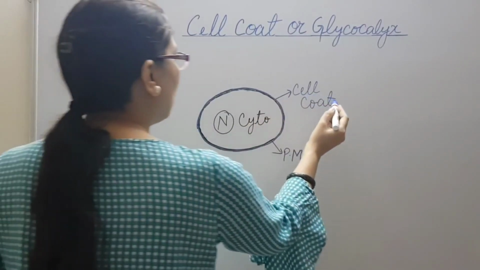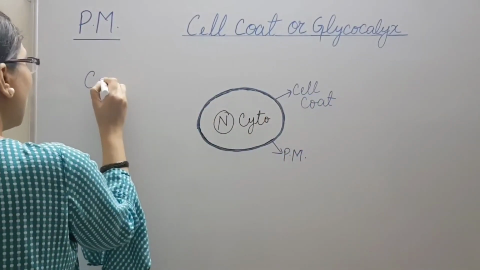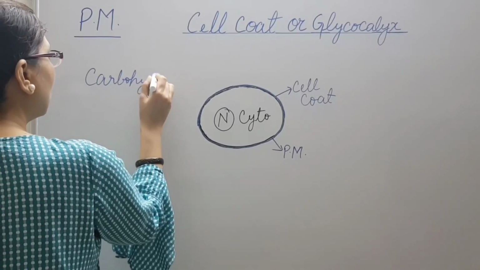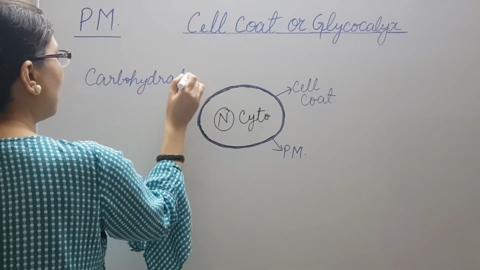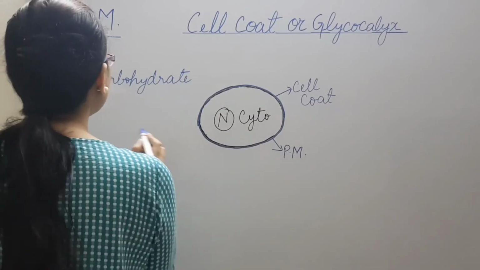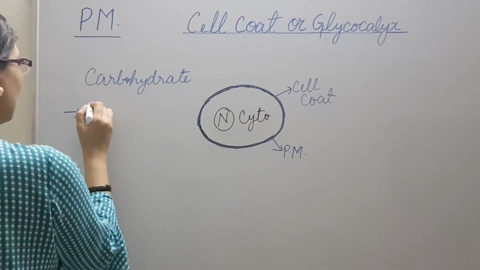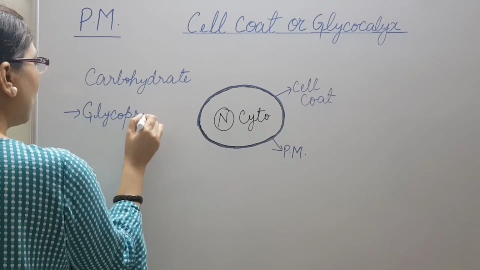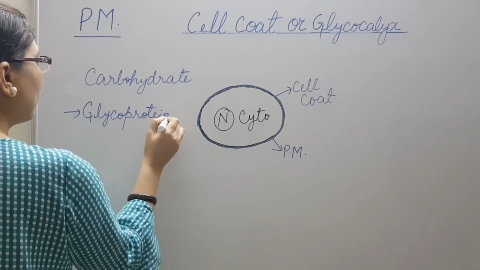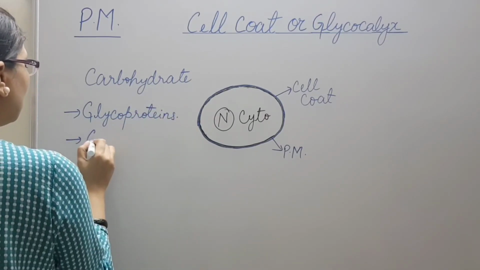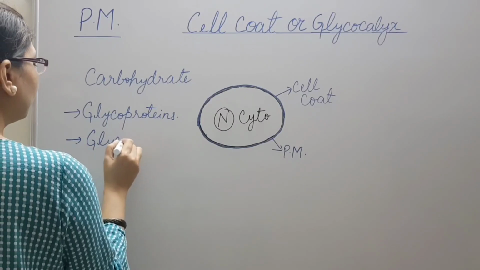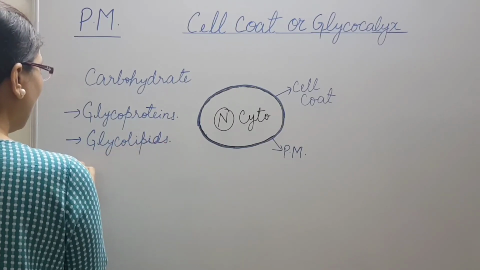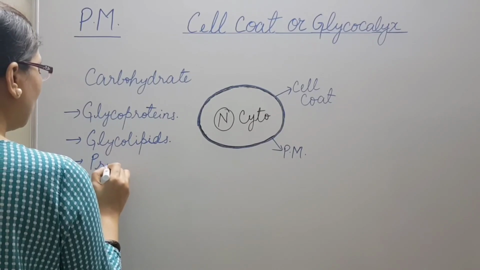This cell coat or glycocalyx is made up of carbohydrate that is present on the outer surface of the plasma membrane in the form of glycoproteins, glycolipids, and proteoglycans.